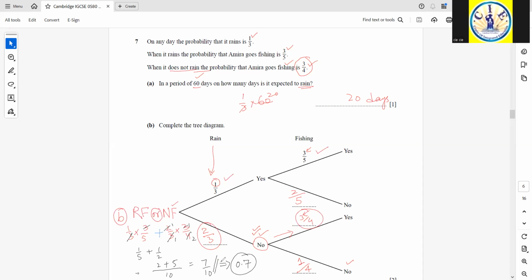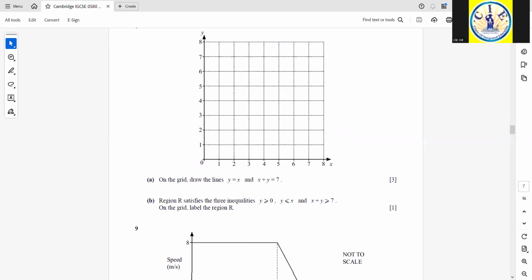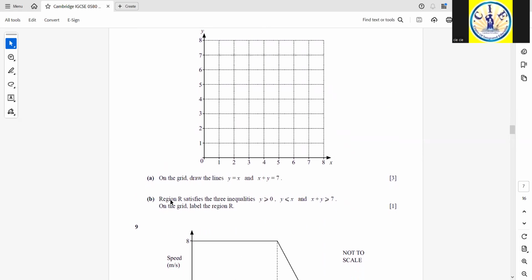This is our answer to part B. That is the probability Amira goes fishing on any day, whether it rained or it did not rain. Okay, then it is question number 8.